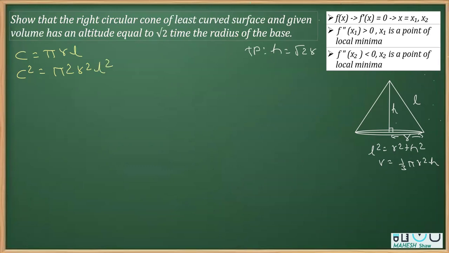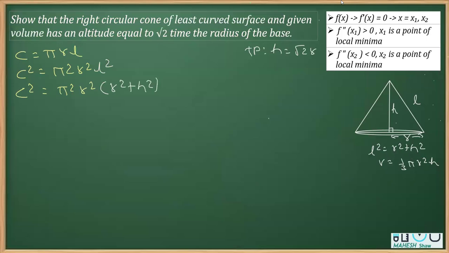Now I can replace this L square from here. So what we'll get here is C square is equal to pi square r square, and I'm replacing L square, which is r square plus h square.